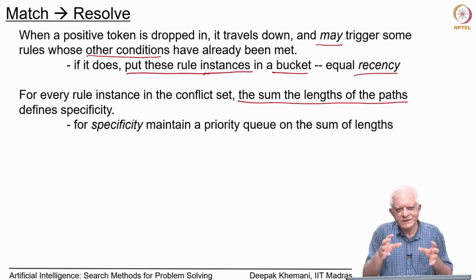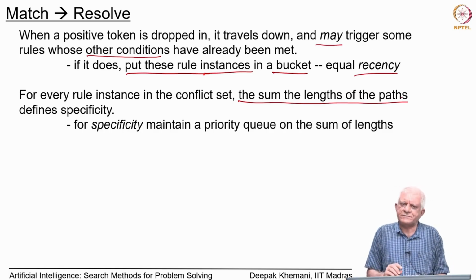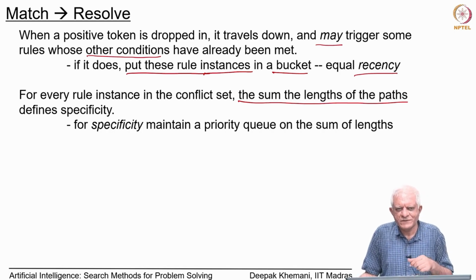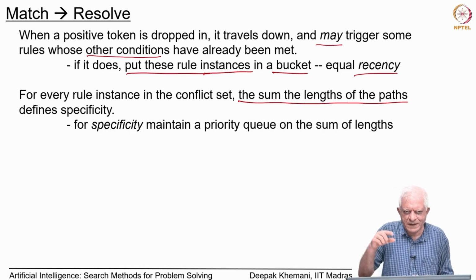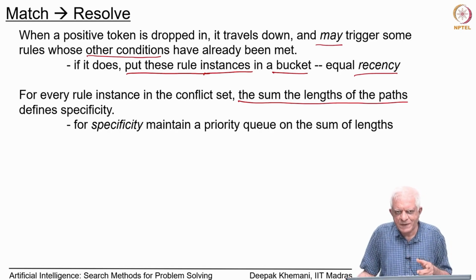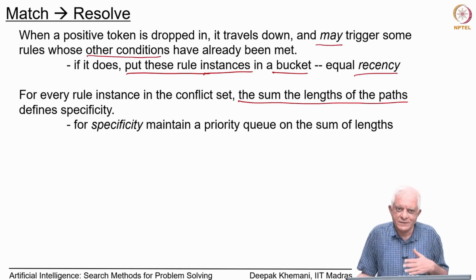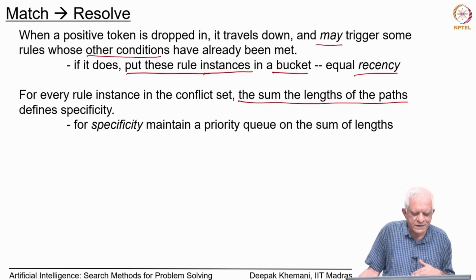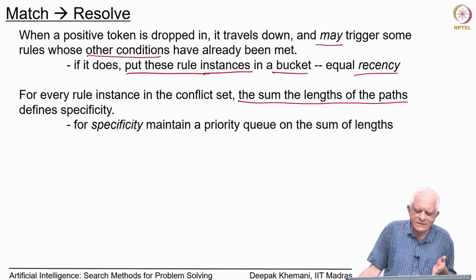Remember that if the green pyramid rule, for example, had 4 patterns, it needed 4 working memory elements, and each of those 4 working memory elements travels down some path in the rete network. The length of that path is indicative of the number of tests done by that particular rule. So, if you just add up the lengths of the paths, you have a measure of specificity of that rule. Remember, the property of specificity is only a property of the rule.